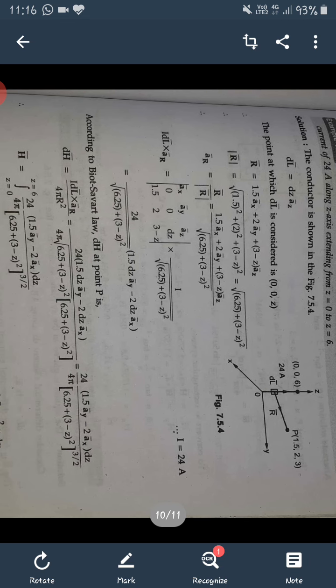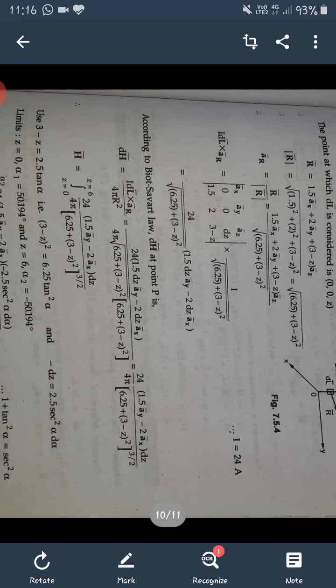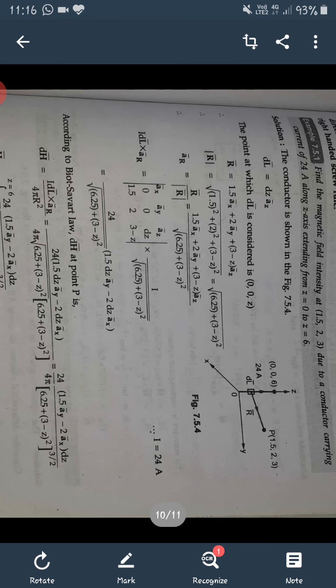Now according to Biot-Savart's law, dH vector at point P is given by dH equals I dl cross ar by 4 pi r square. Now substitute all the values and simplify it. You will get H equals the integral from z equal to 0 to 6, because the conductor is placed from z equal to 0 to z equal to 6.